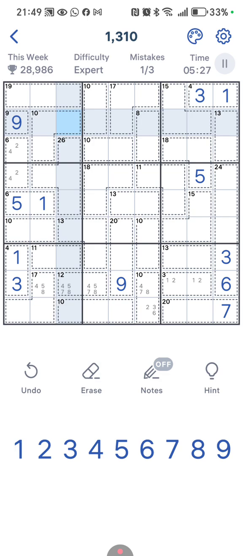So that'd be 2 and 5, or 3 and 4. Okay, so 9, that means this is 11, no. 5, this means it's going to be 4, 6, 7, and 9.